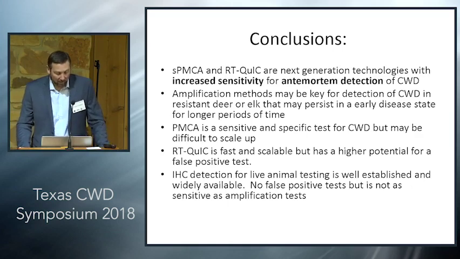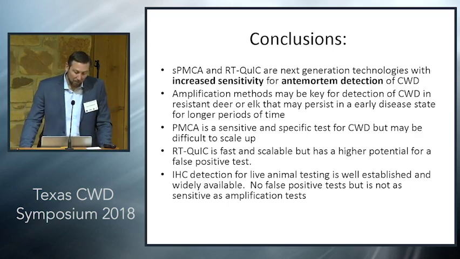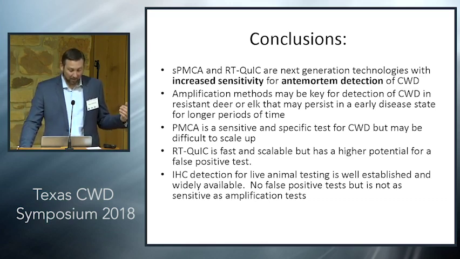So in essence, to sum things up, PMCA and RT-QuIC are next generation assays to increase sensitivity for antemortem detection. Amplification methods may be key for detecting CWD in resistant deer or elk that are in an earlier state of disease longer. PMCA is the most sensitive and specific test for CWD that we know of.